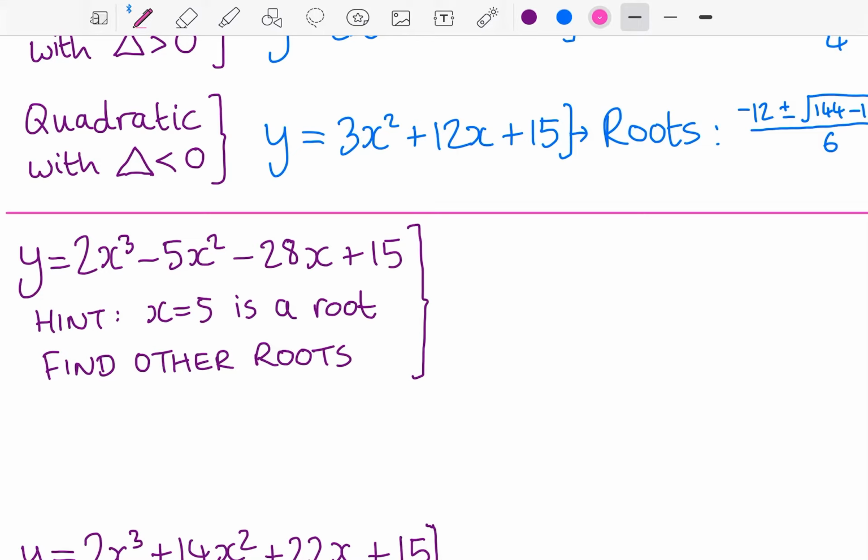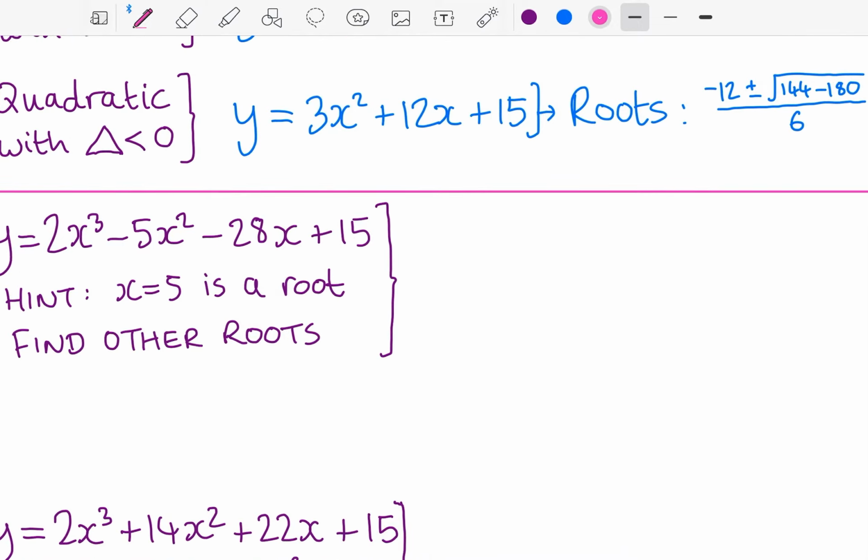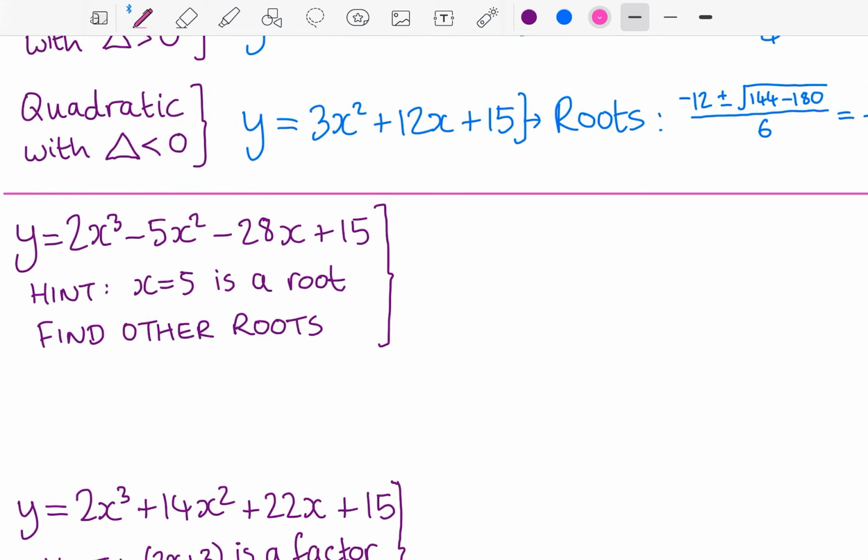So let's see here. We have a cubic. You'll never be asked to factor a cubic from scratch, because it does require some guesswork or maybe some more advanced techniques. But you may be asked to do that kind of thing with a hint like this, with some other information really.